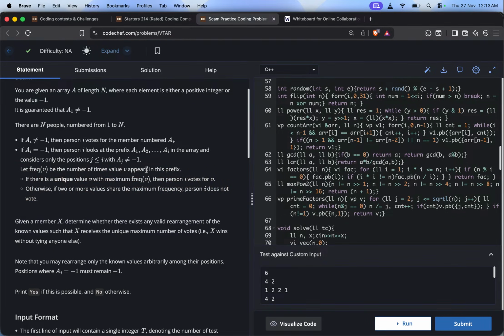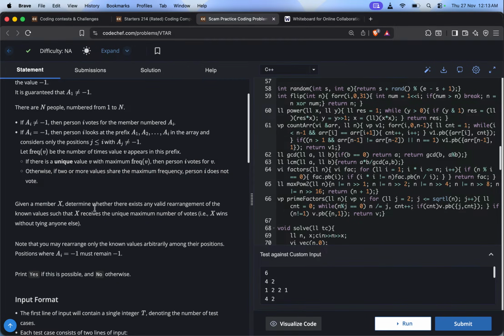Now, if a person appears whose frequency is highest, and it is unique as well, that is, a person has 5 votes and all the others have smaller than 5 votes. If a single person has equal to 5 votes also, then he will not vote. If two or more values share the maximum frequency, he will not vote.